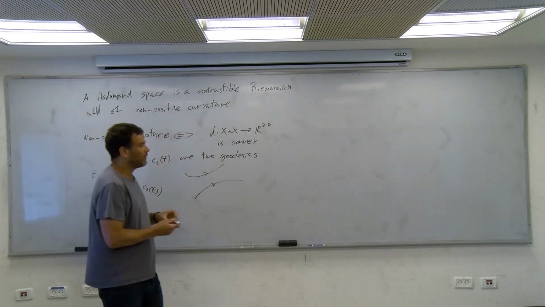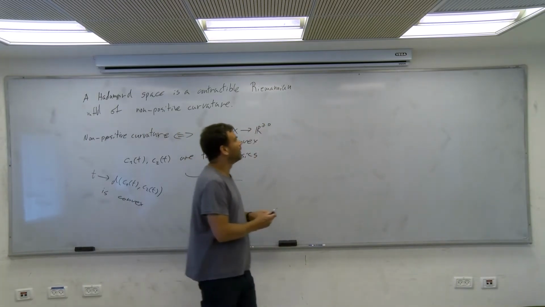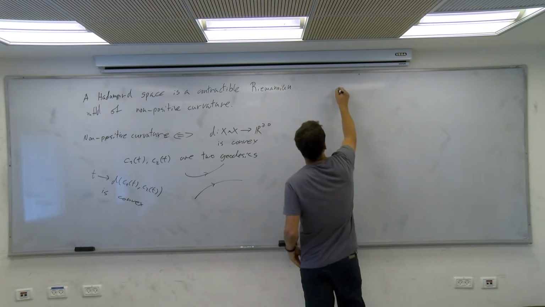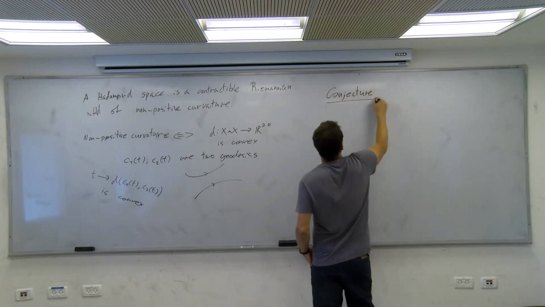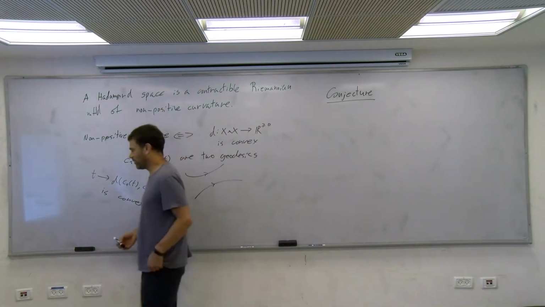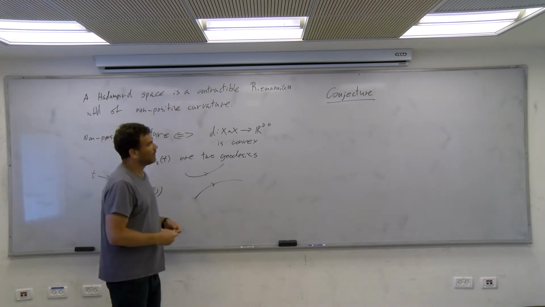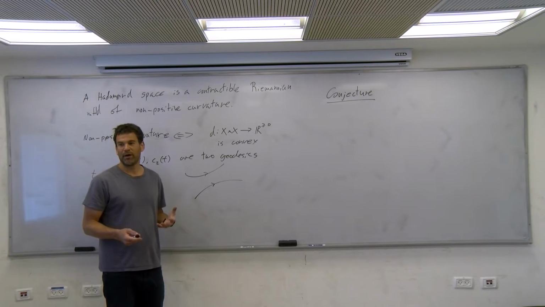So let me now repeat the conjecture that I stated last week. The motivating question in this course is: what can we learn about a manifold if we only know to measure one parameter?